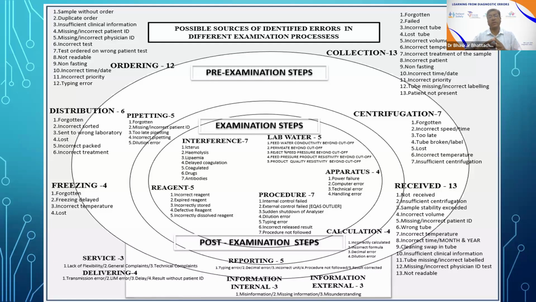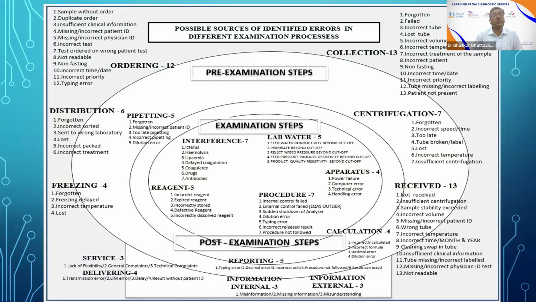This shows different types of errors which are possible from different laboratory examination processes. In my tenure from 2002, I have carried out certain work on these laboratory errors, and I have found these are the commonest, and there may be some common items in the different phases, but in total there are 112 points which we have seen.